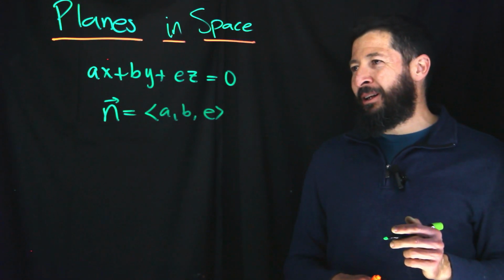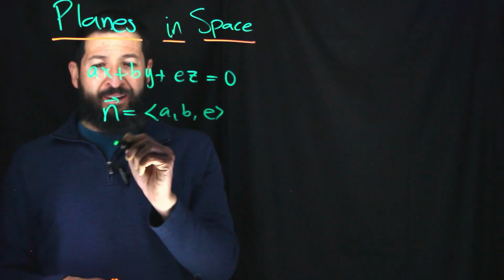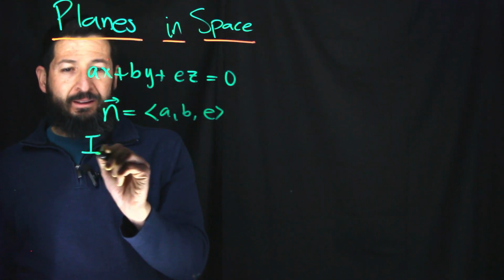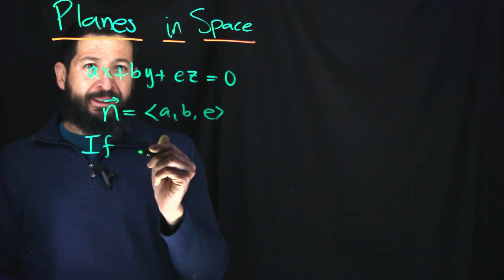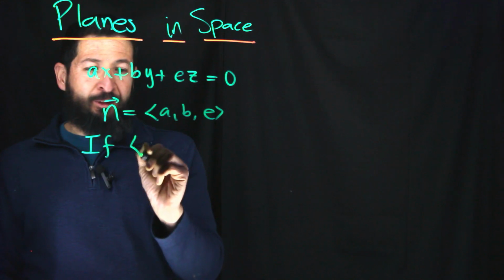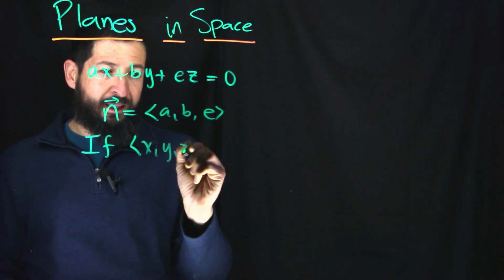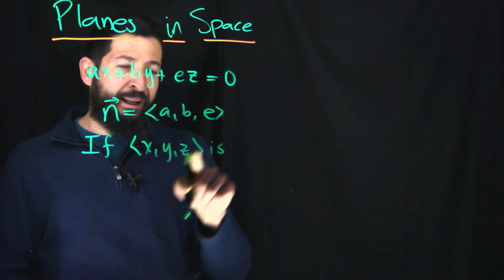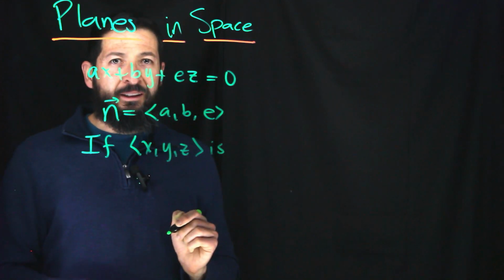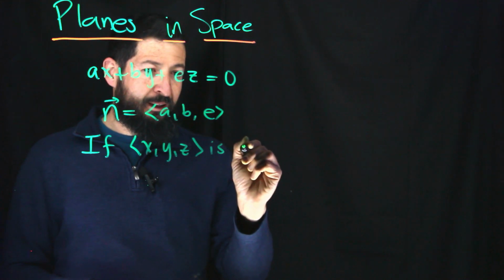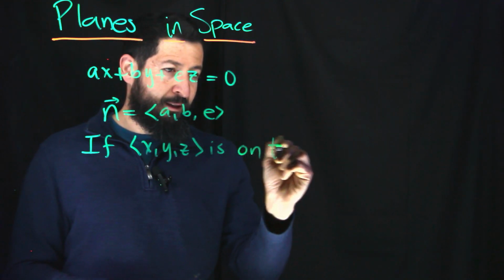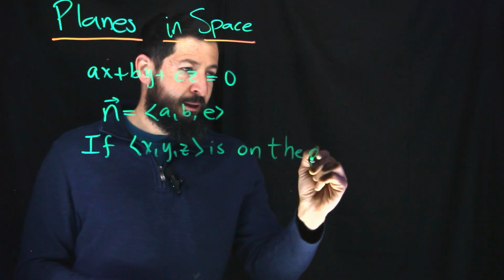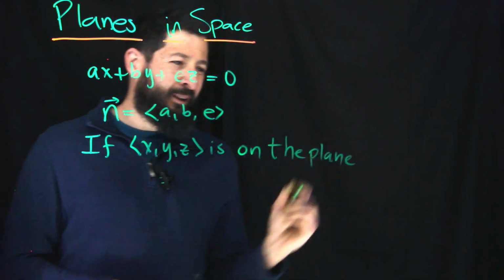So now what I'm going to notice is that any point or any vector, this is trivial really, if the vector xyz is on the plane, or the head of the vector, or the point is on the plane, being a little bit careless, right?